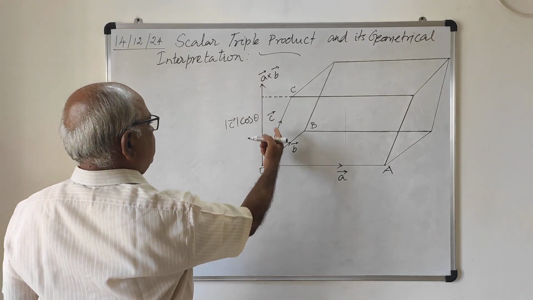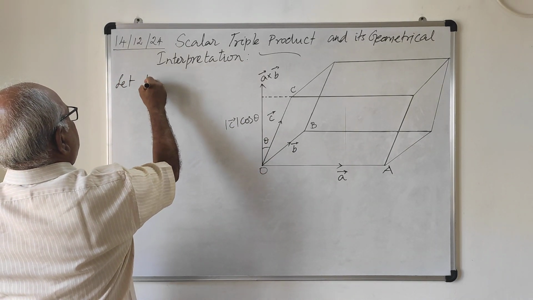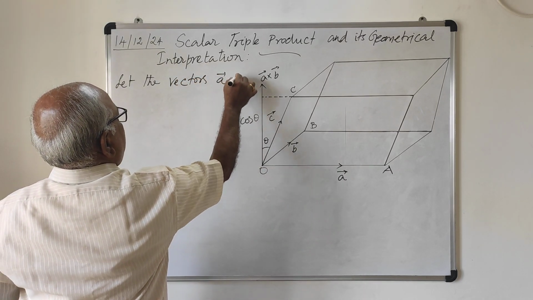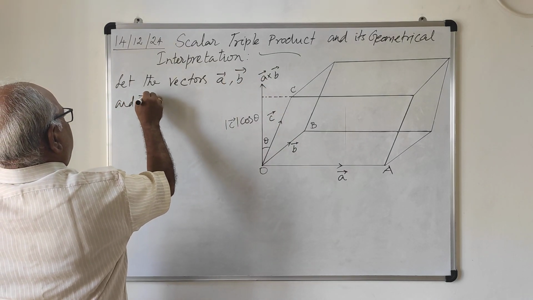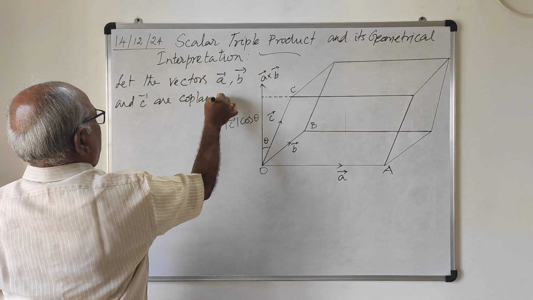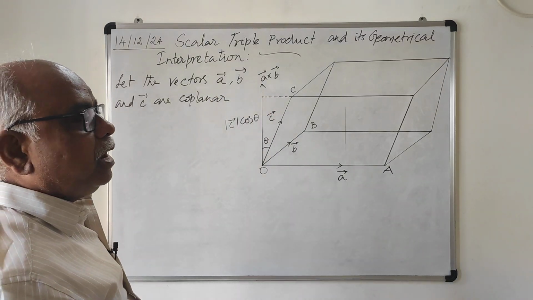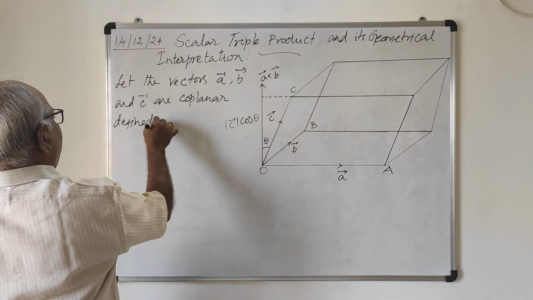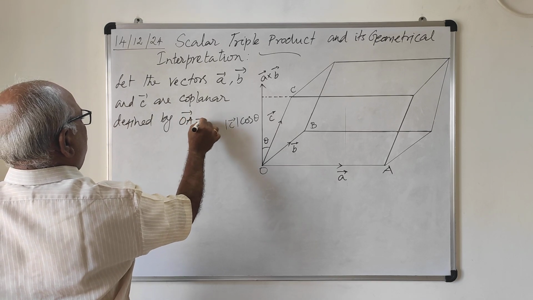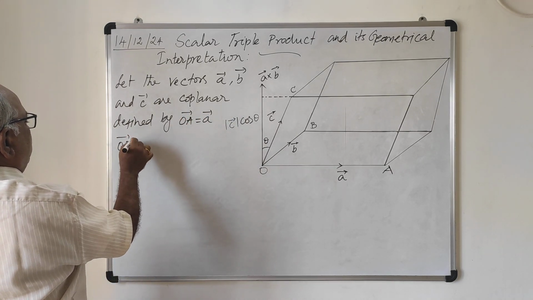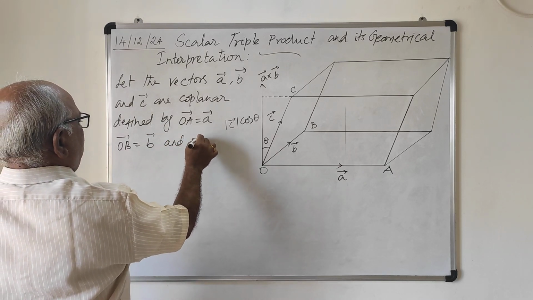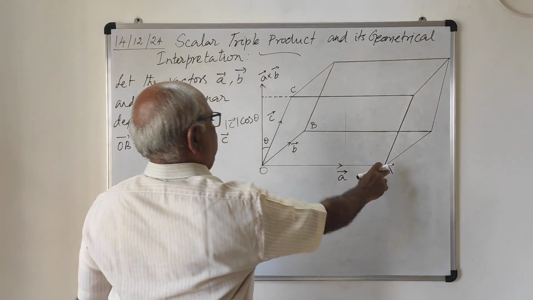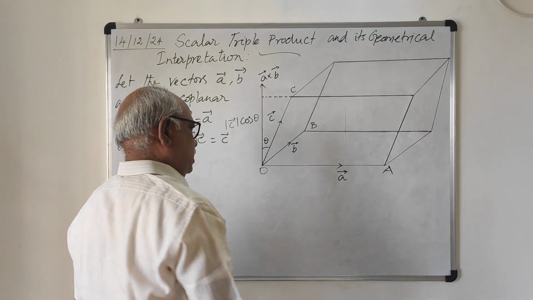Let the vectors A, B and C be coplanar, determined in the same plane, defined with respect to the origin O: OA is vector A, OB is vector B, and OC is vector C.